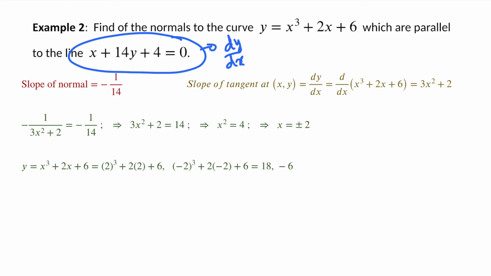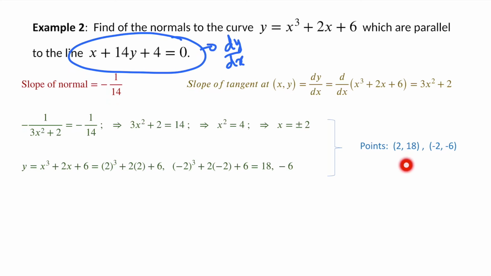So therefore, we are talking of these 2 points on this curve, 2, 18 and minus 2, minus 6, where the normals on the curve have the same slope, which is minus 1 by 14.